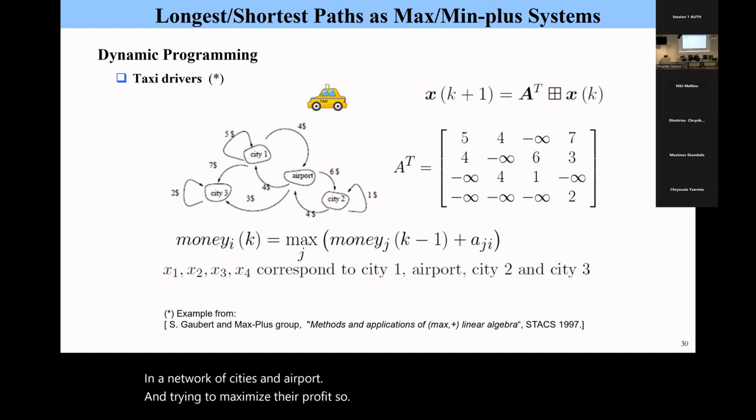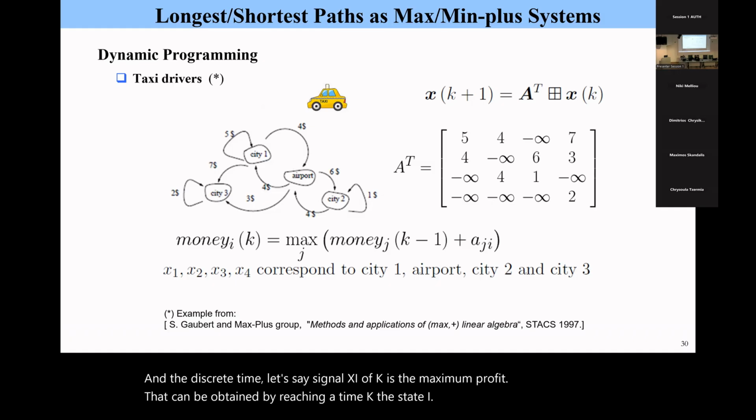We have, let's say, 4 states, x1, x2, x3, x4, corresponding to city 1, airport, city 2, and city 3. And the discrete time signal x_i of k is the maximum profit that can be obtained by reaching at time k the state i.